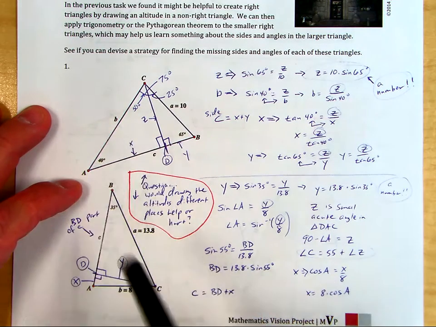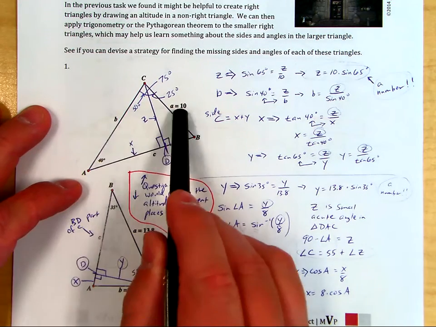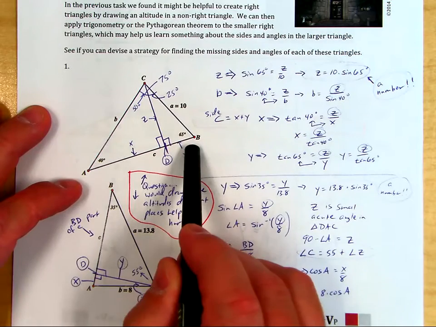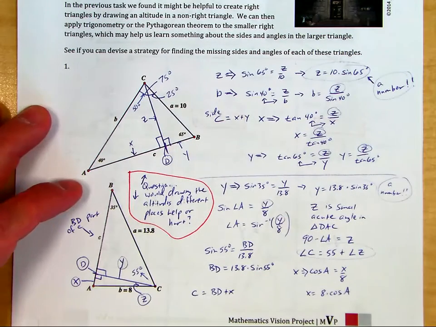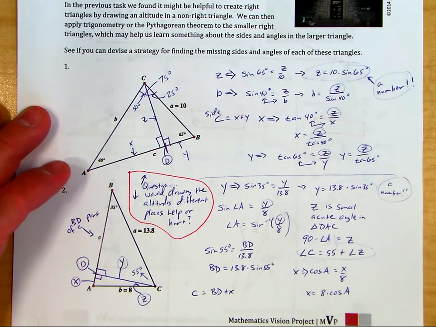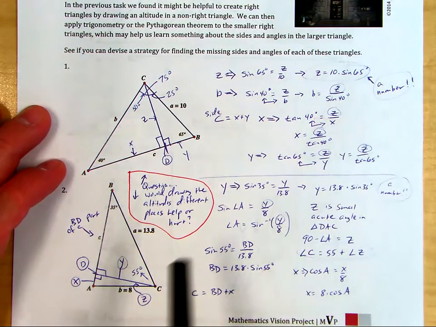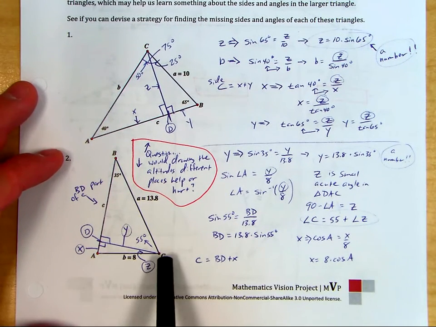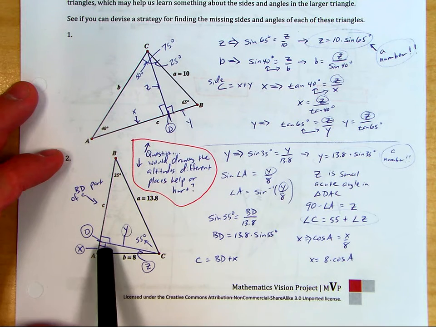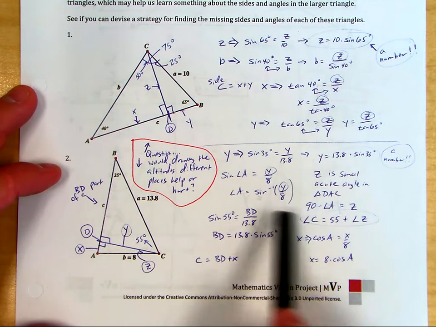So B is there, A is 10, we know 40 and 65. You can look through most of my other work here trying to find all the other measures in that triangle. Then we have a different triangle. They drew an altitude, I drew an altitude from C to right here, and we figured out the rest of the stuff like this.